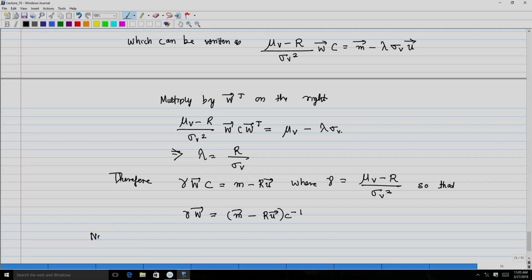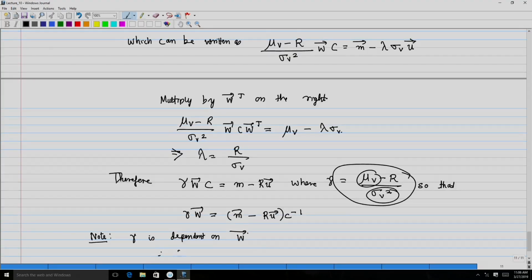Now, here we make an observation. Note that gamma is dependent on W, because you have the term mu v and sigma v square, and so obviously gamma up to this point is dependent on something that has not yet been ascertained. So, you end up getting some sort of an implicit relation.